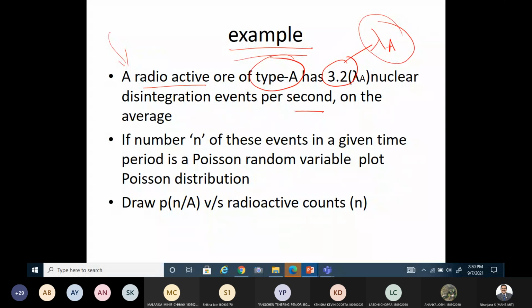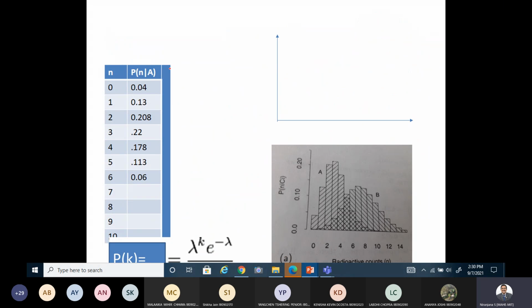Now, can you calculate for n varying, for n equal to 0, what is the probability using Poisson's distribution? I have given the lambda, lambda is 3.2, n is 0.